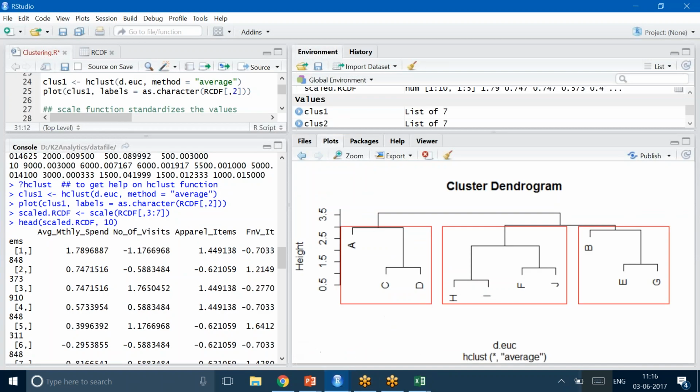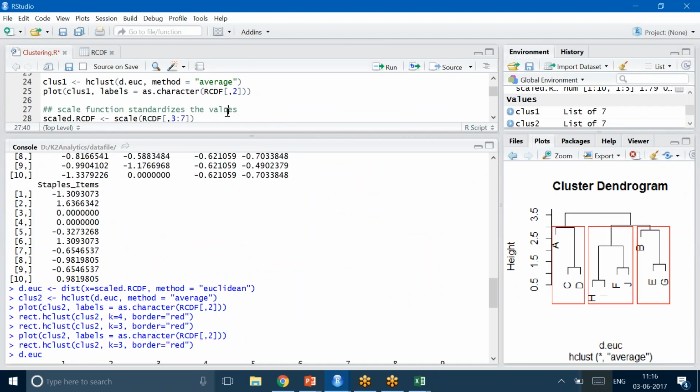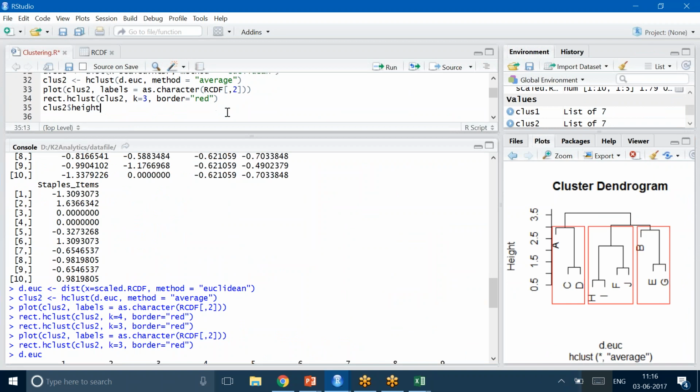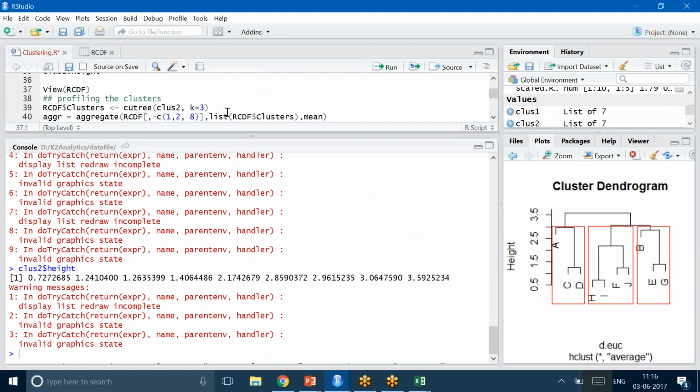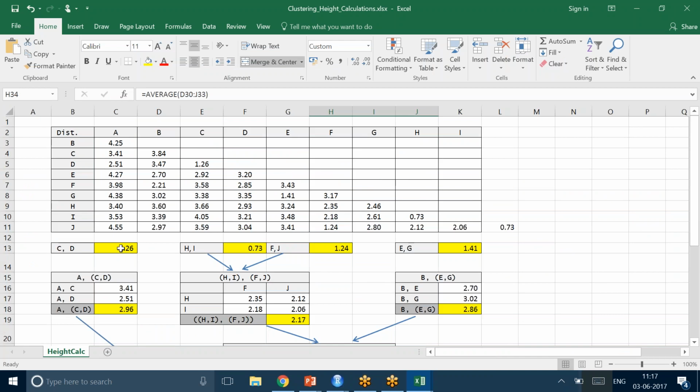Now let me show you the same numbers here. Cluster height. Okay, 0.72 is the lowest one. Then 1.24, 1.26, 1.40. All these numbers are here. The first level. Yes.